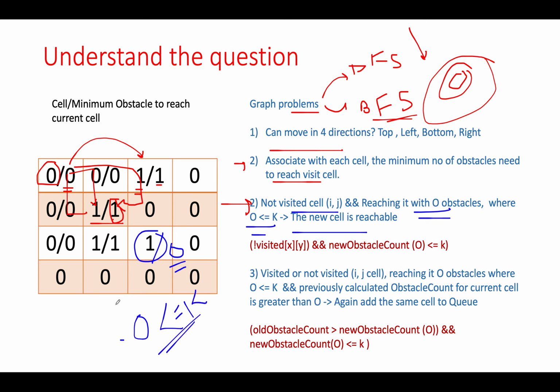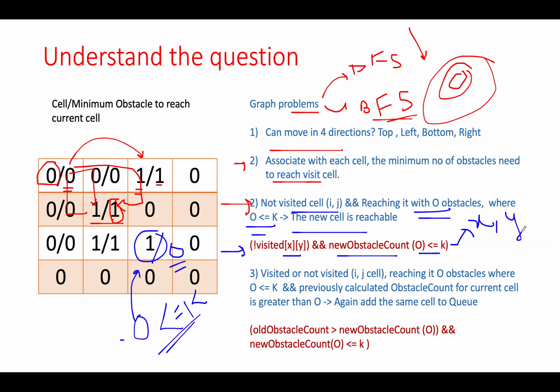Also, we need to take care of whether we have visited this node in the past or not. If we have not visited, then only this condition holds true, because we don't want to land up in looping scenarios. So if we have not visited the current node x comma y and the new obstacle count is less than or equal to K, the node x comma y becomes reachable.